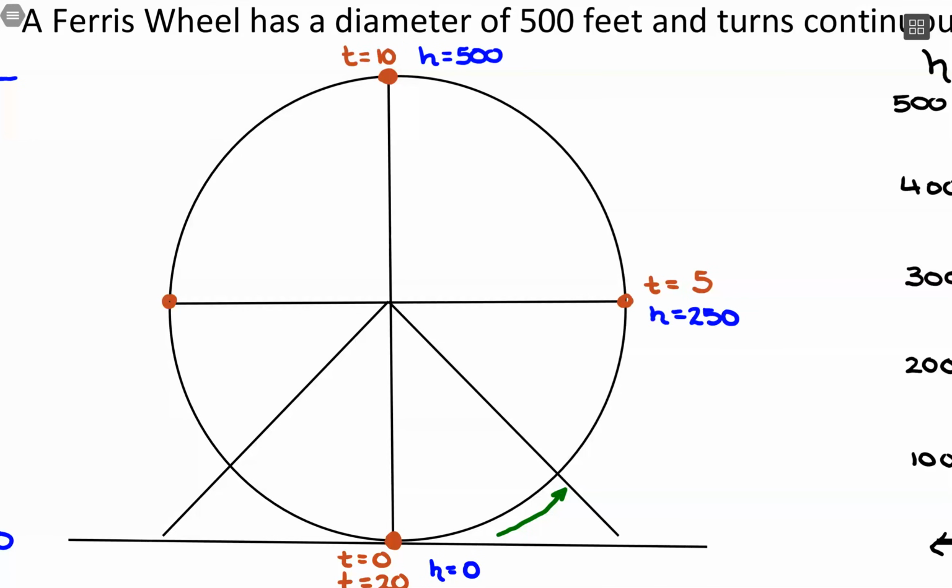And then on this other side, we'll have a time of 15. And a height of 250. So these are just some key points that we're going to be looking at. You can imagine there's so many other pieces in here, but for now, we'll just look at that.